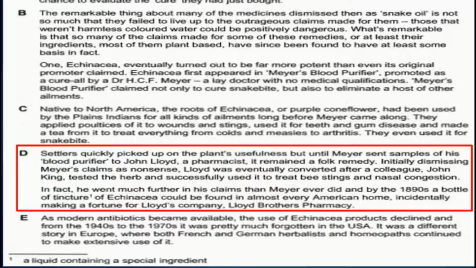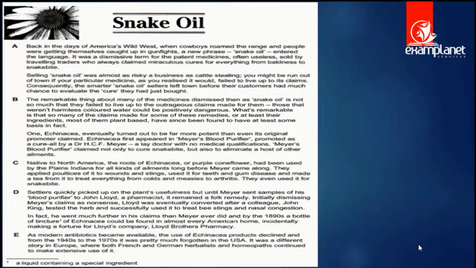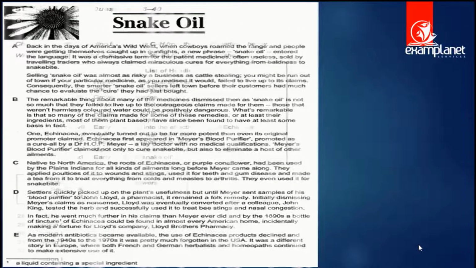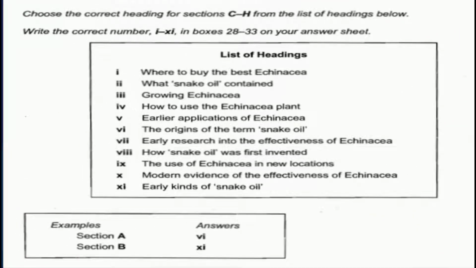So it's all about research, about who does it first, who they didn't believe, who now did something that converted somebody, and who now went furthest. So the best fit will be Roman figure 7, early research into the effectiveness of echinacea.